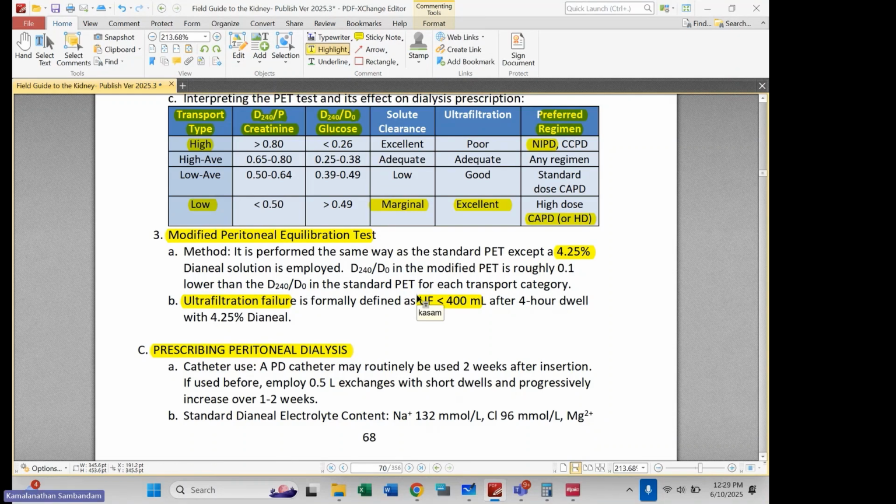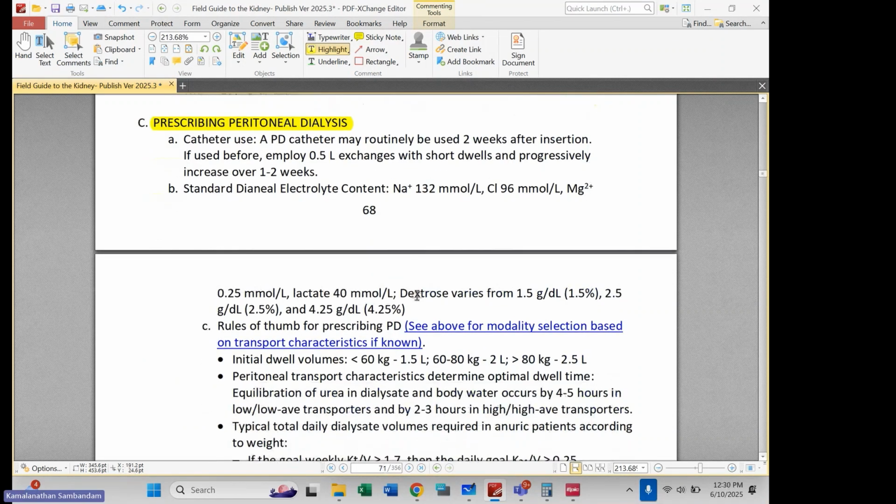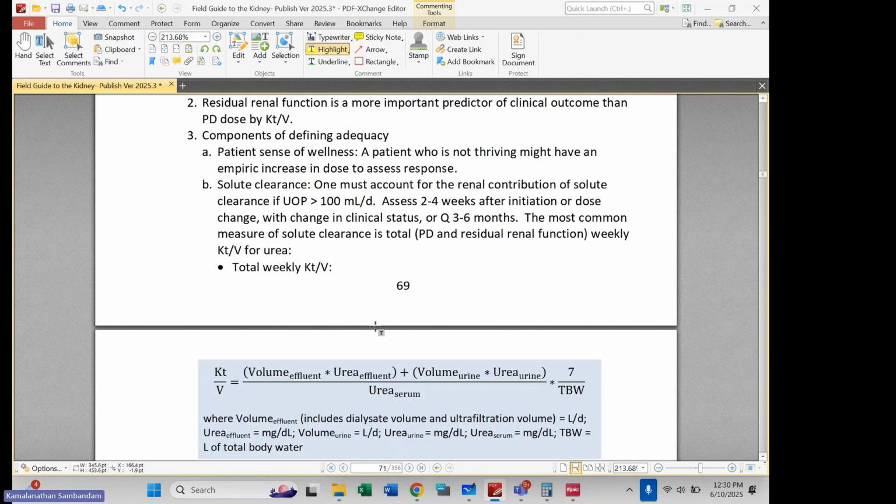So those would be examples where it's not a membrane failure per se, but there is a failure in the technique that's resulting in ultrafiltration failure. But generally speaking, there is correlation between transport characteristic and ultrafiltration failure, right? But there could be other ways one can demonstrate ultrafiltration failure through these other hiccups, okay? All right, and we'll get to that as we talk about ultrafiltration.